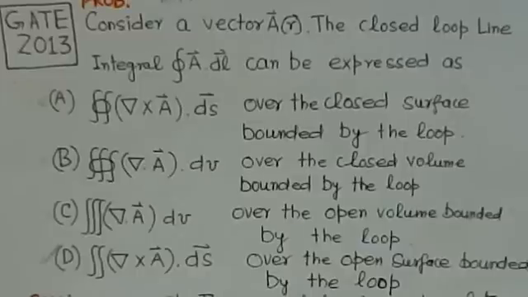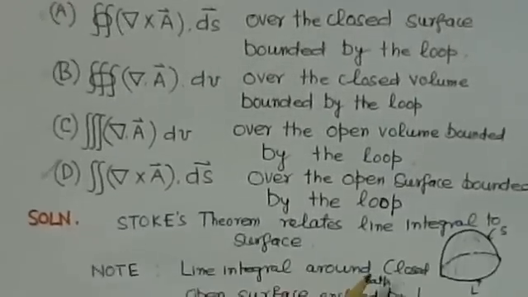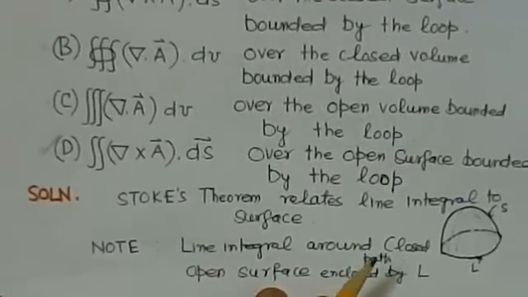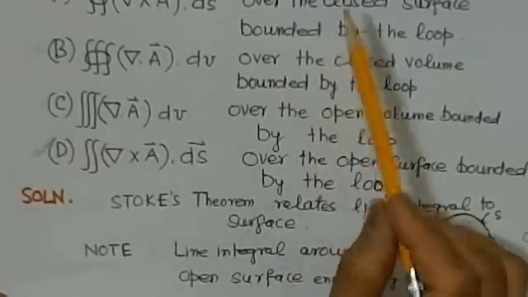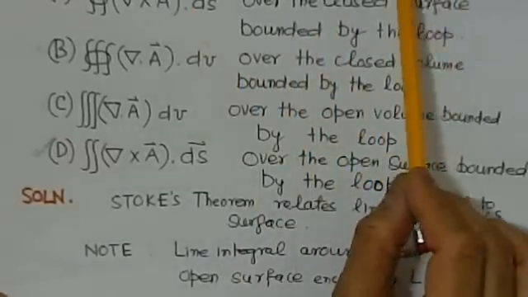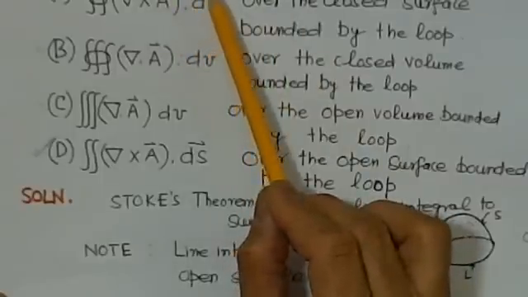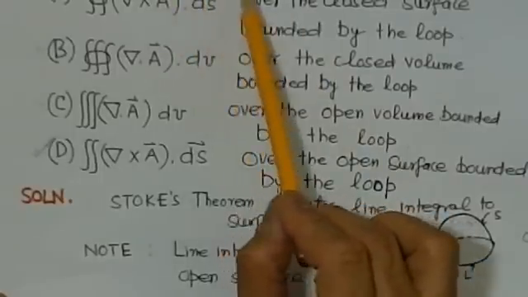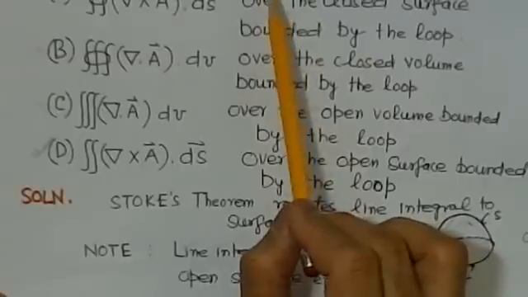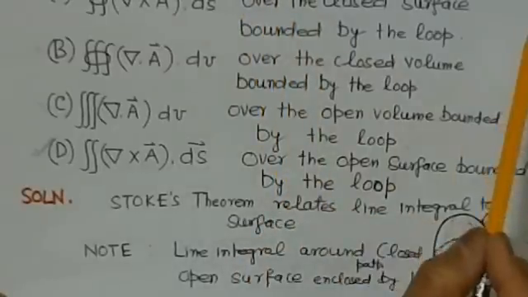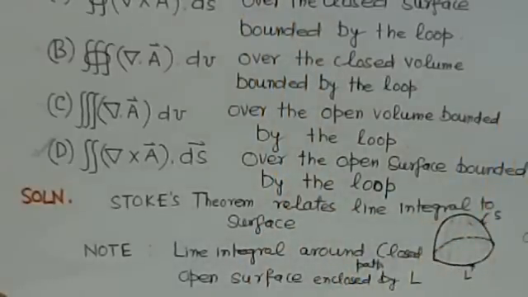Now what we observe here is, as we know, the closed loop integral given here, A dot dl, is basically a line integral, and a line integral as per Stokes theorem is related to the surface integral. So we should look into the option where this line integral is related to the surface integral.